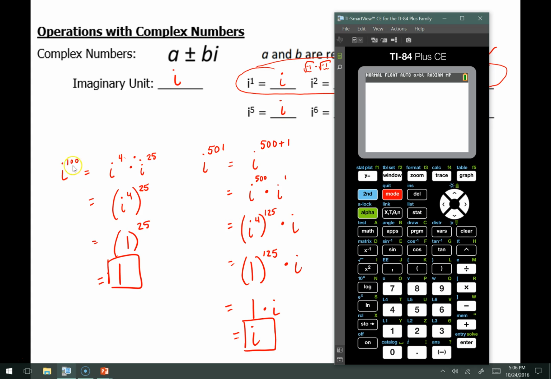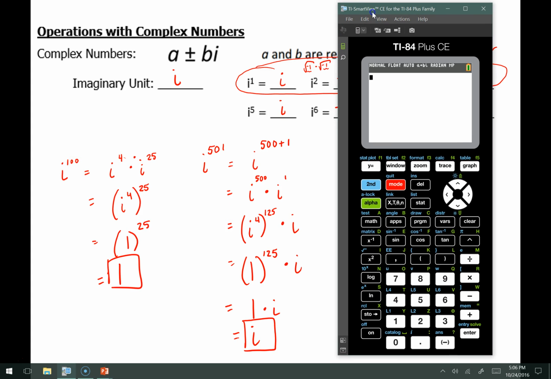So now let's try this i to the 100 problem again. On your calculator, down here in blue above the decimal, there's a blue i. That's the imaginary number button. I'm going to hit second decimal to put the i on my calculator, and then use the caret to raise it to the 100th power. When I hit enter, it gives me 1.